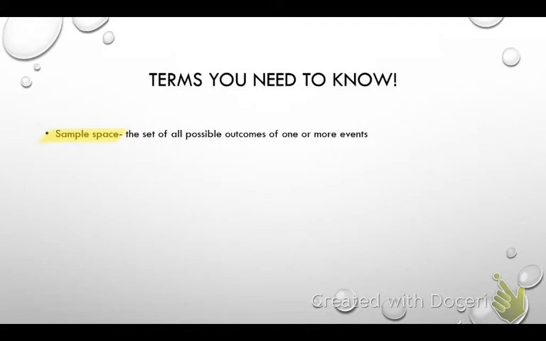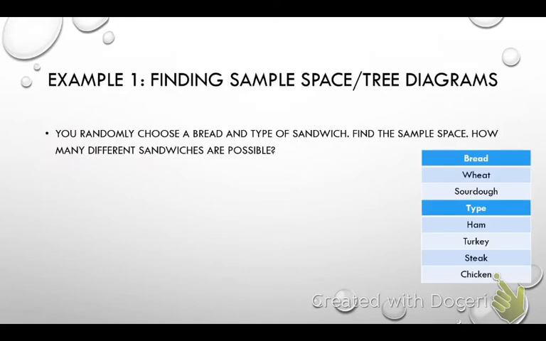In example 1, it gives me 2 types of bread options and 4 types of sandwich options, that I've displayed here in a table for you. So we're going to take the information from the table and establish the answer to this question. How many different sandwiches are possible with the options that were given?